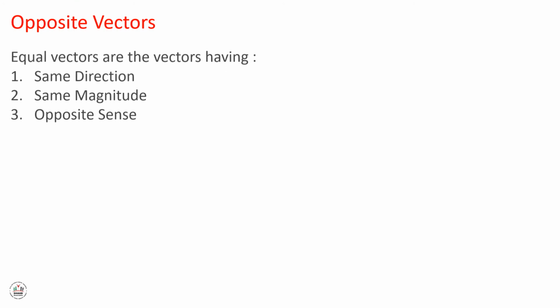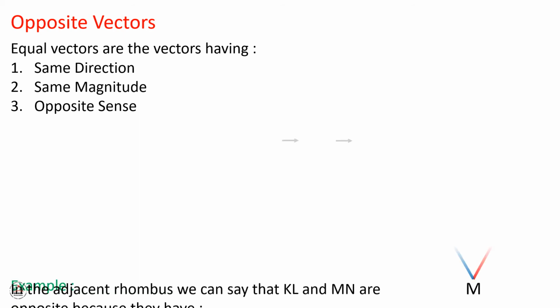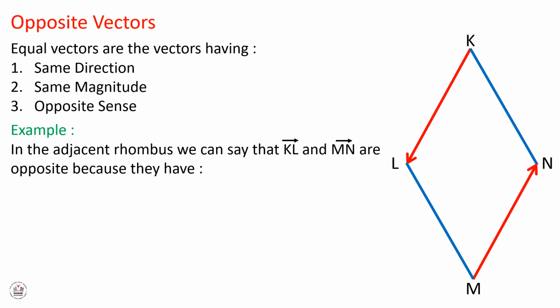Opposite vectors. Opposite vectors are the vectors having same direction and same length but opposite sense. Again, let's see the same rhombus with the same equal and parallel vectors, but this time we reverse the arrows only.